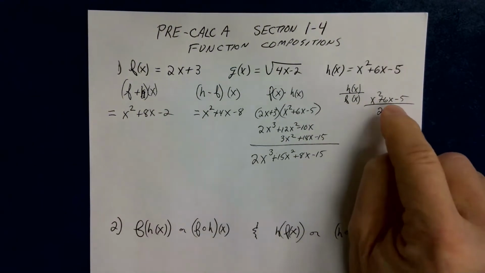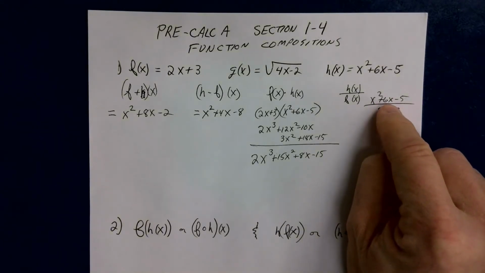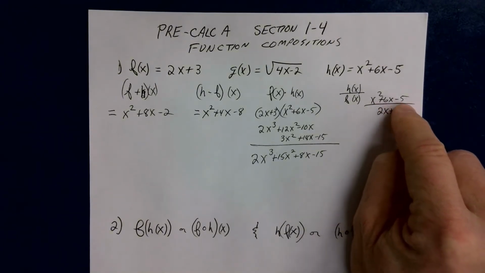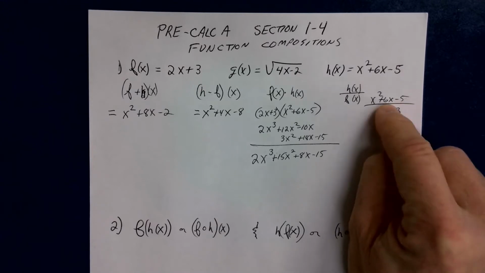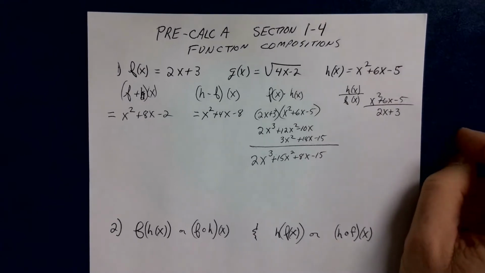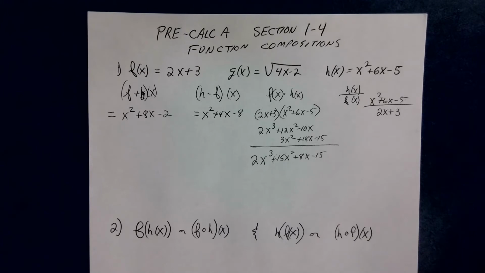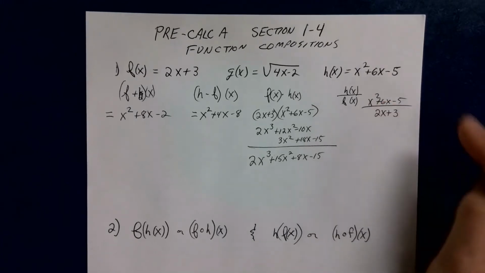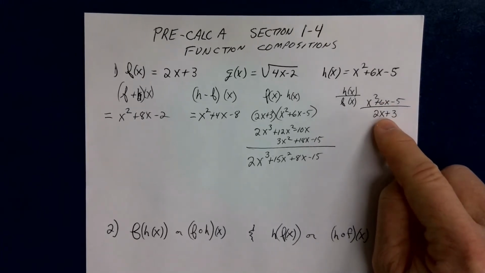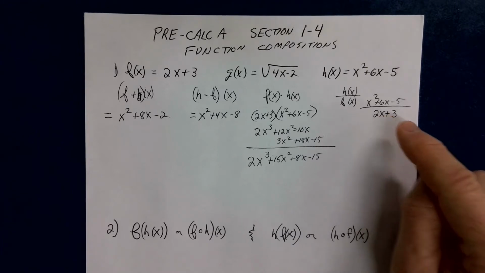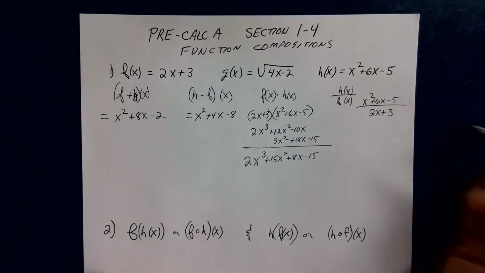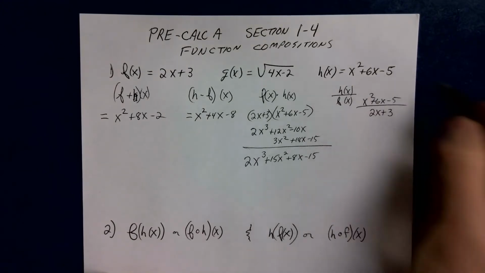And I would try and factor this if I could, but factors of 5, because one has to be positive, one has to be negative, don't add up to 6, because 1 and 5, when one's positive and one's negative, either adds up to 4 or negative 4, so that doesn't work out. So that's not factorable. And this one we know is 2x plus 3, that's negative 3 halves. So nothing goes in with that. So if I could reduce this, I would.